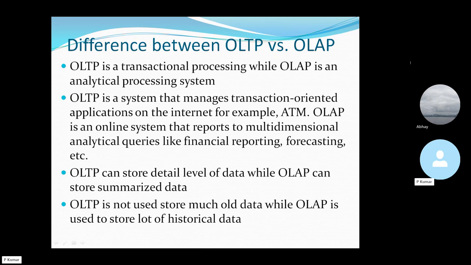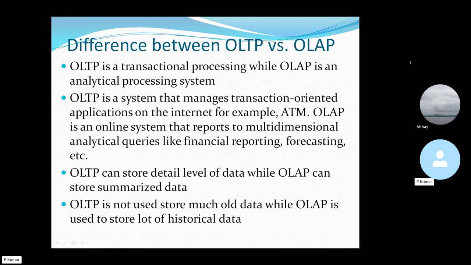We'll discuss what tools are supported here. Let's differentiate between OLTP and OLAP. OLTP is transaction processing, while OLAP is an analytical processing system. The OLTP system manages transaction-oriented applications, for example ATM.